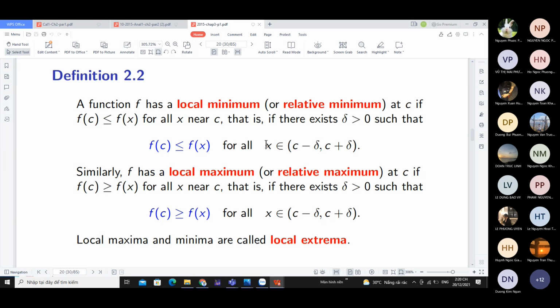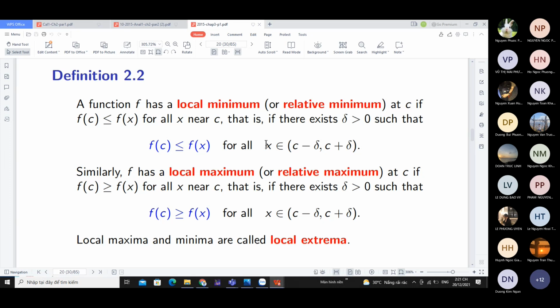It means that this is a neighborhood of c, c minus delta, c plus delta, where delta is a positive number, so that f of c is the minimum value of the function f on this interval. For all x near c, f of c is the minimum value of f in a neighborhood of c.